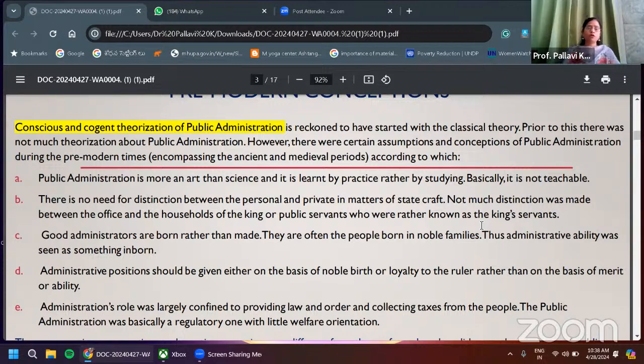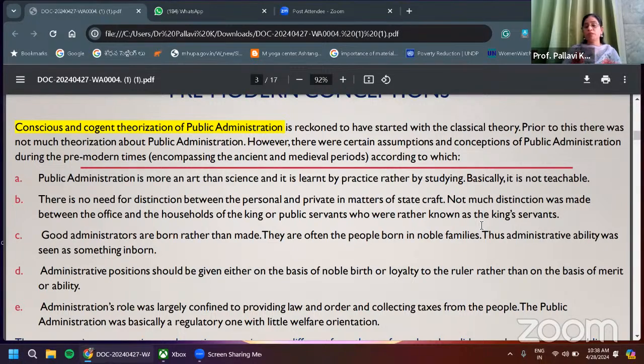And there is no distinction between the personal and the private matters of statecraft. For example, in the ancient days, who was the supreme authority? The king, isn't it? He was assisted by a council of ministers. When exercising authority, there is no distinction between the personal and the private, because the king himself was supreme.